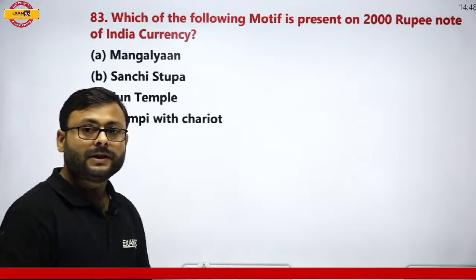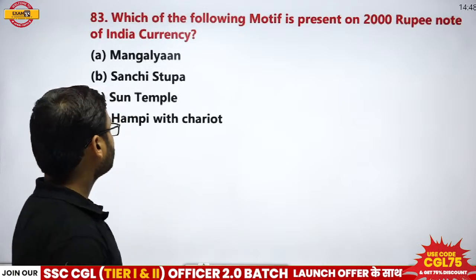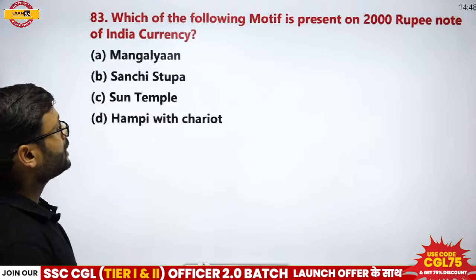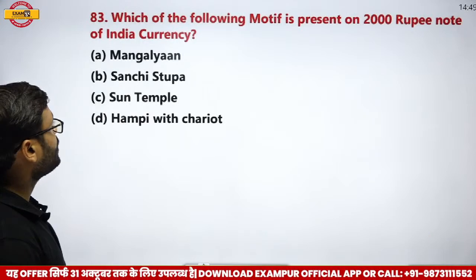So here comes the next question for you. Question number 83. Which of the following motif is present on the 2000 rupees note of Indian currency?